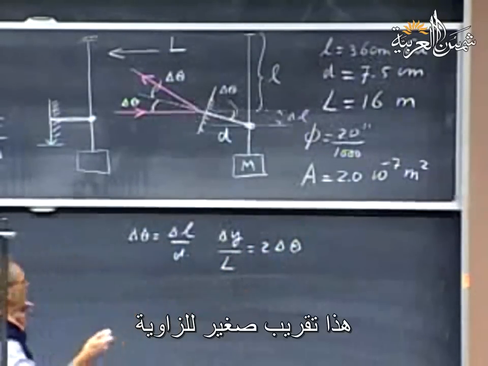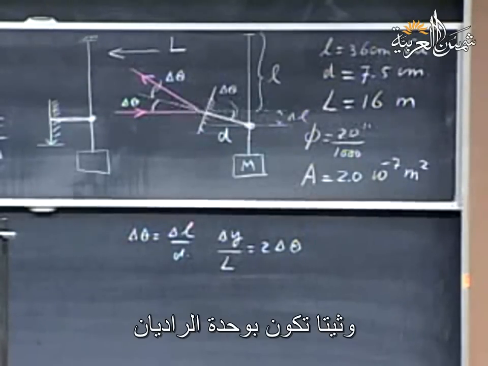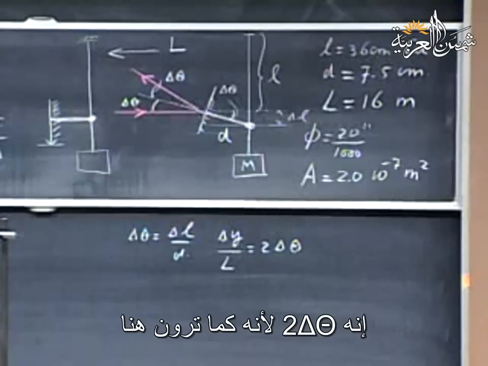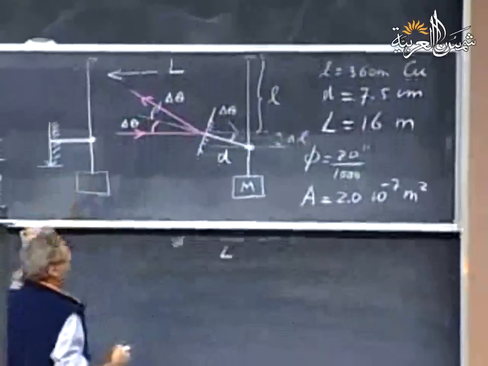This is a small angle approximation, but it's a very good approximation, and theta is in radians. It is 2 delta theta because you see here that the change is over an angle 2 delta theta.